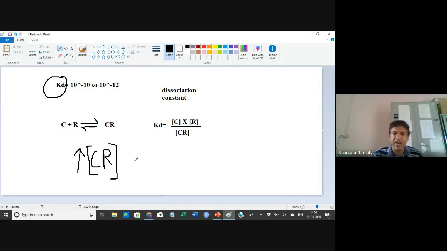On the other hand, if you have high values of free cytokine and free receptor, this means that many of the cytokines did not bind the receptor, so the cytokine has less affinity towards the receptor.